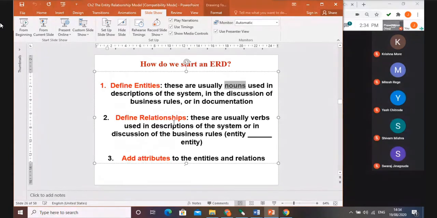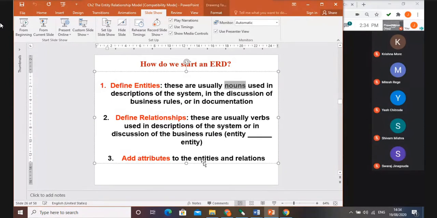So in that case, you can add a line in your problem statement about the connection between those two entities, or if you have already submitted your problem statement somewhere, you can directly add those relationship sets in your ER diagram. But it's always better to have that as a part of your problem statement. Okay, that is about the relationship set.